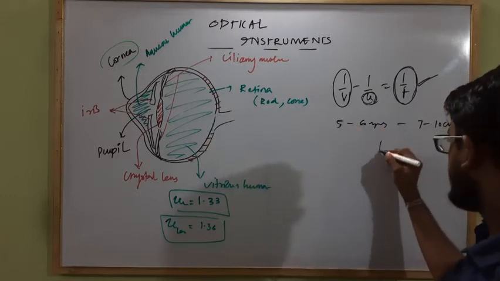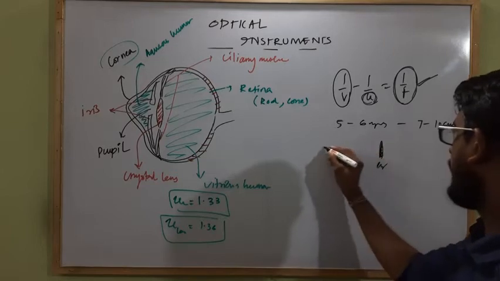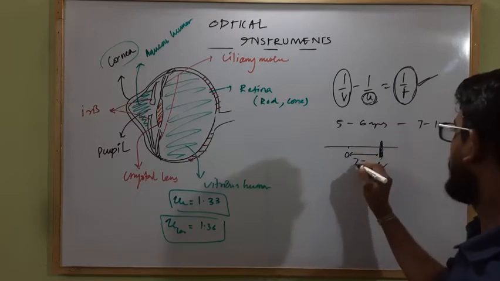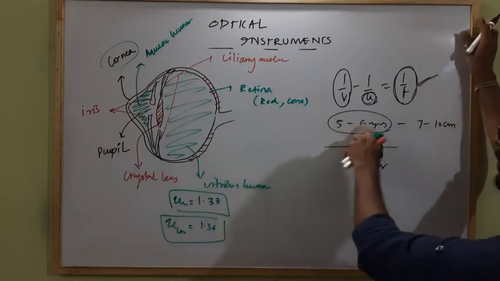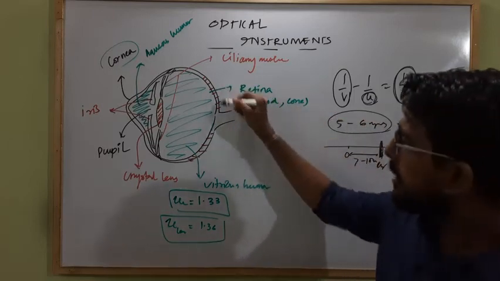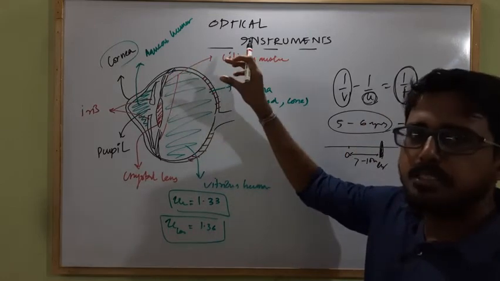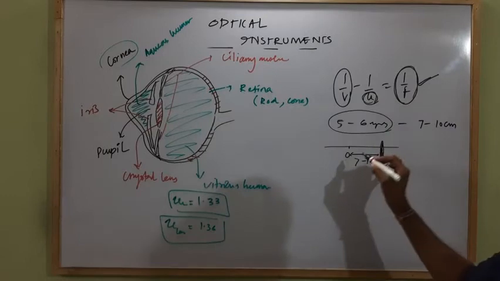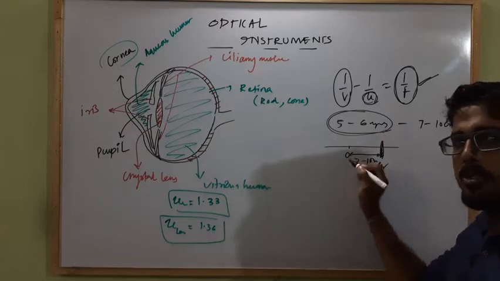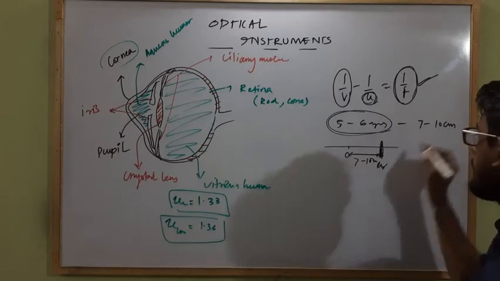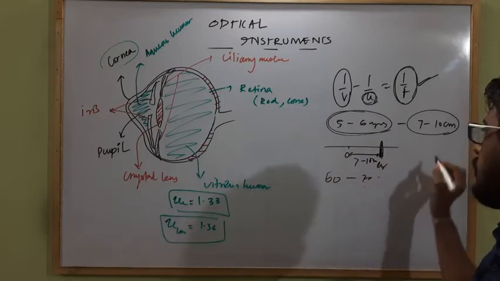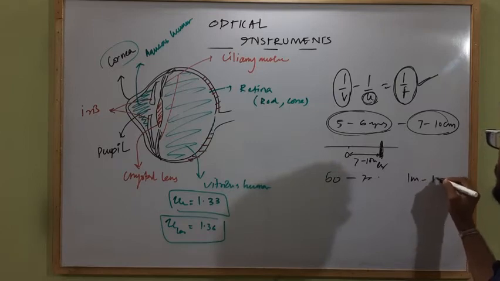If an object is placed at a distance of 7 to 10 centimeter for children aged 5 to 6 years, the image of this object is able to form on the retina, because their ciliary muscles are stronger, so they can compress the lens more. For an elderly person, that is 60 to 70 years old, this minimum distance increases up to 1 meter or 2 meter.